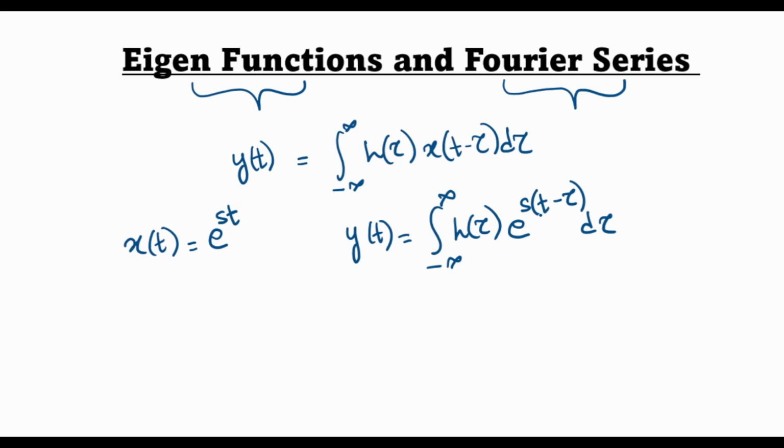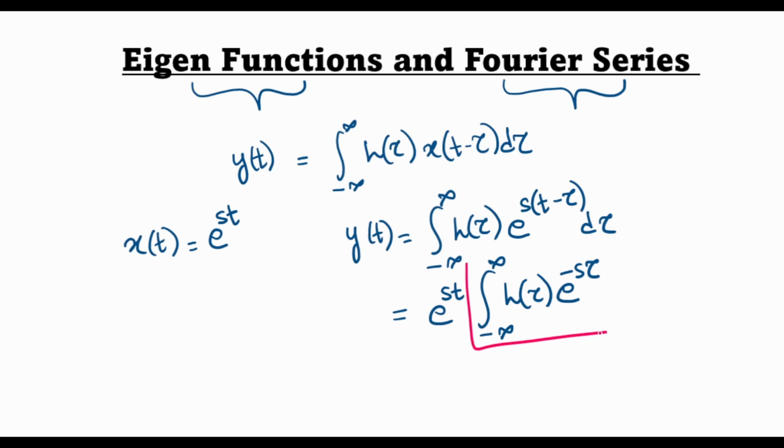Now e to the power st is independent of the integrating variable tau, so I can take it outside of the integral and write e to the power st times the integral from minus infinity to infinity of h of tau e to the power minus s tau.